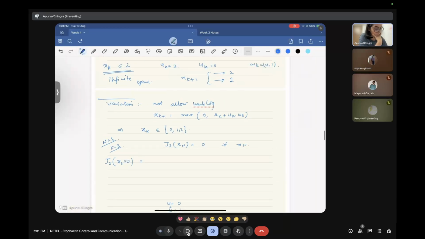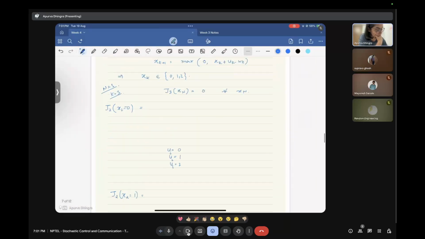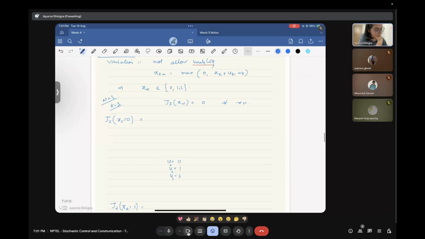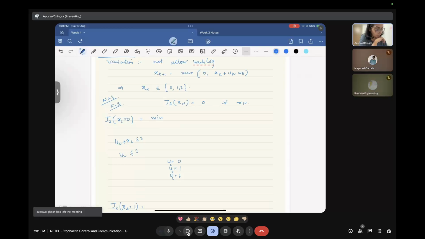So what are we supposed to do? Let's recall. We are supposed to minimize over u2, and u2 has to be greater than or equal to 0 in general, but here we have a constraint, right? u2 plus x2 has to be less than or equal to 2, so u2 has to be less than or equal to 2 minus x2, so this constraint still holds.